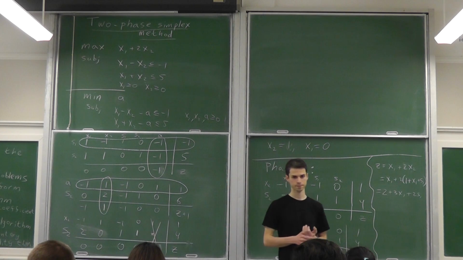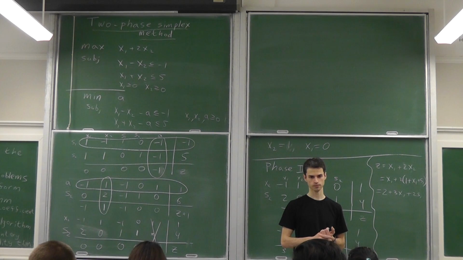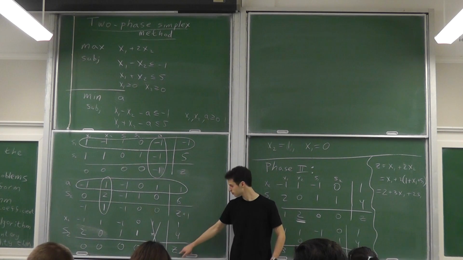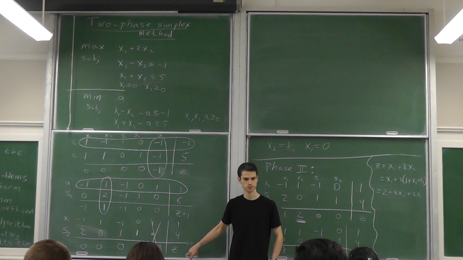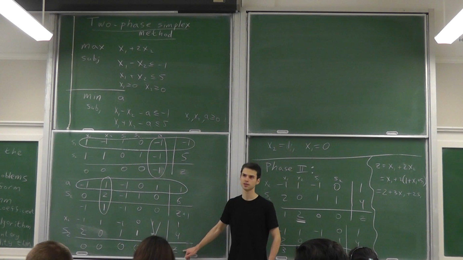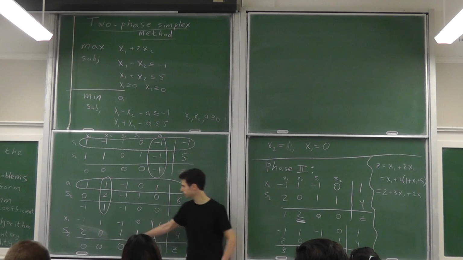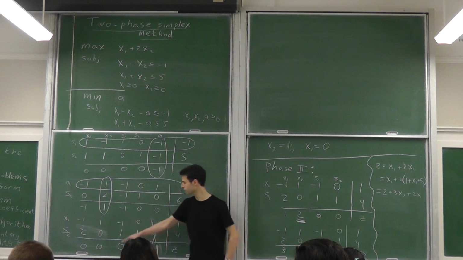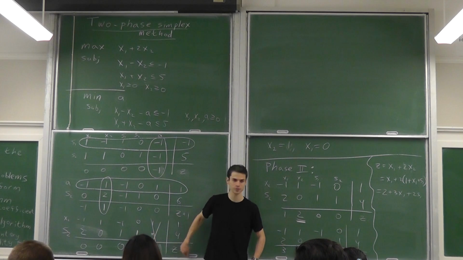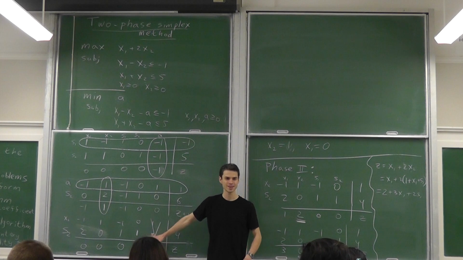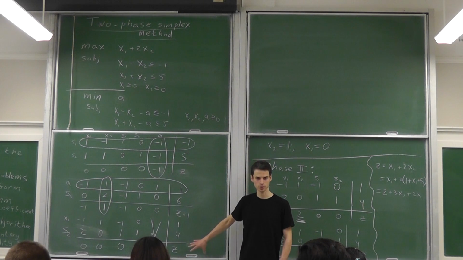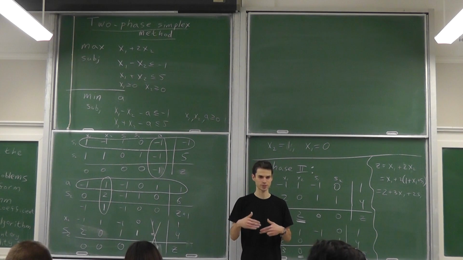Yeah? What happens if minus a is not 0? If you arrive at a row where this is z plus 2, say, and here all the coefficients are negative, maybe 0, 0, 0, minus 1, but here z plus 2, then you know that the smallest value of a must be 2.